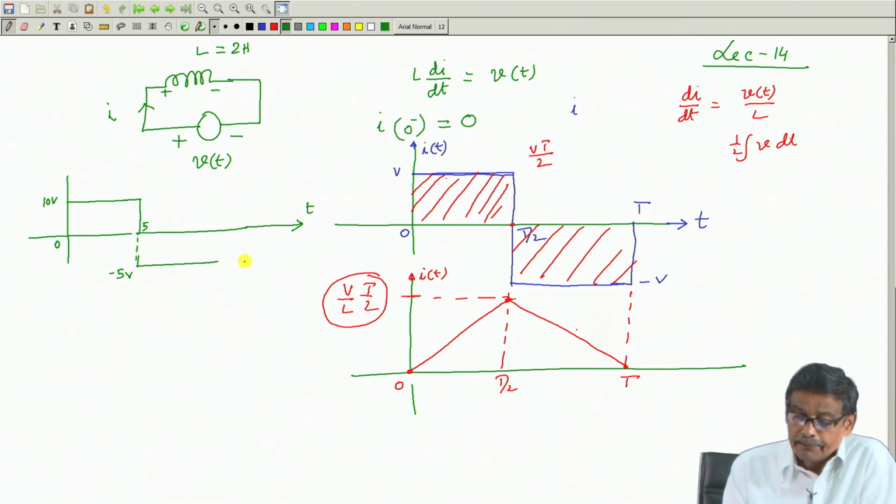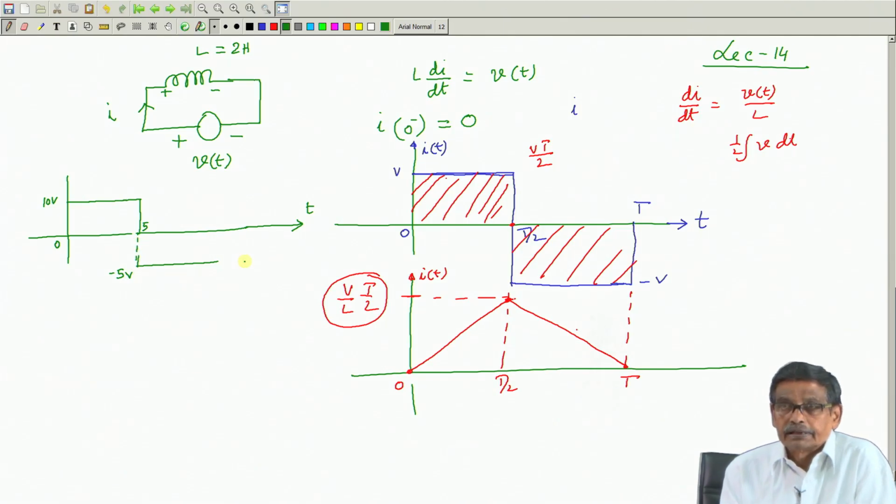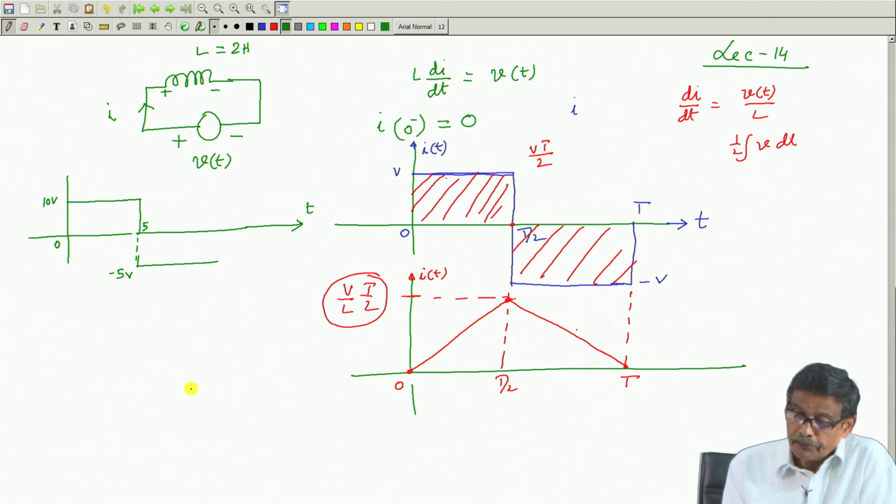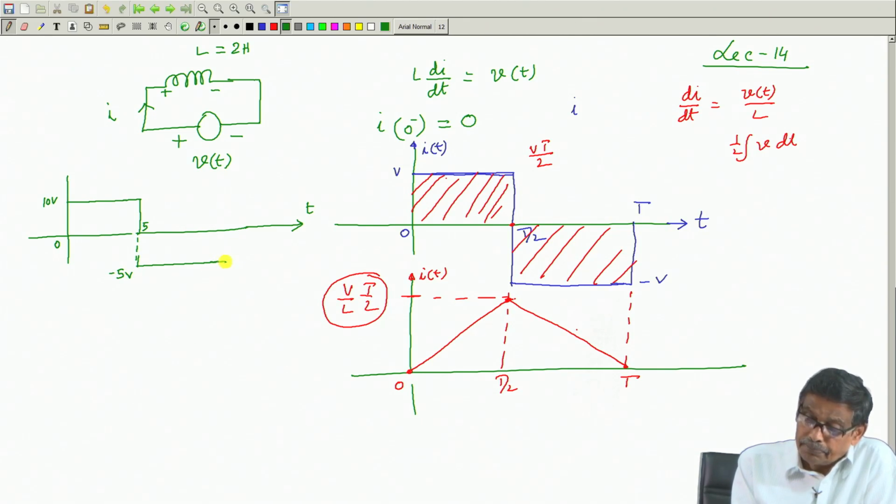I will apply a minus 5 volt voltage. Okay. And I will apply it for, say, this is suppose 5, this is suppose 15, 5 into this interval, this is suppose 15 seconds.